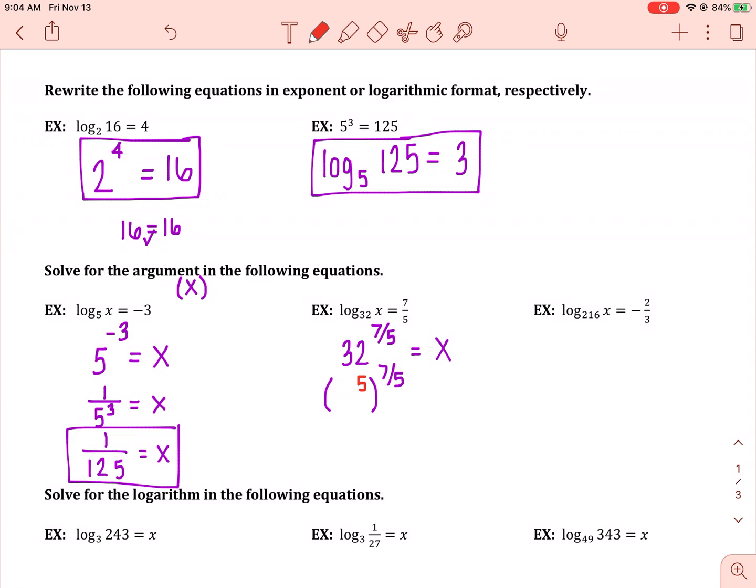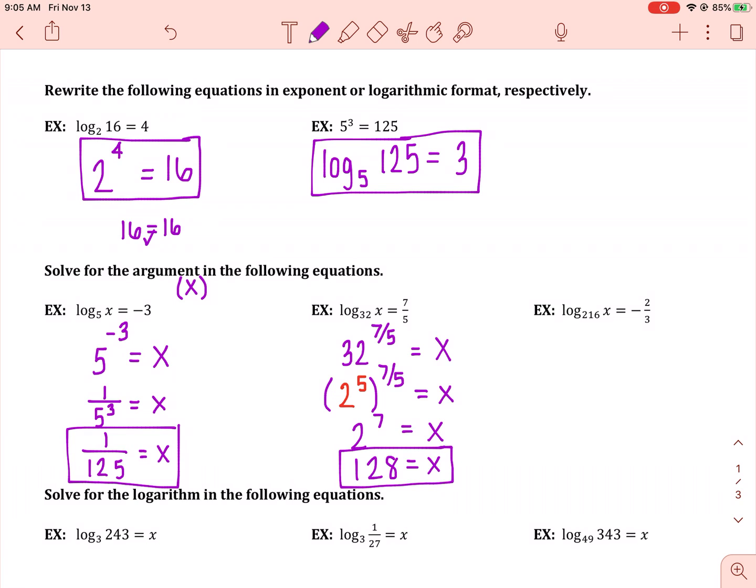So I'm trying to make my life easier. Is there a way to write 32 in terms of something to the 5th power? Well, yeah, that's 2. So I did that because I want to cancel out my powers. The 5 and 5 will cancel. I'd be left with 2 to the 7th. I'm left with then 128 equals x.